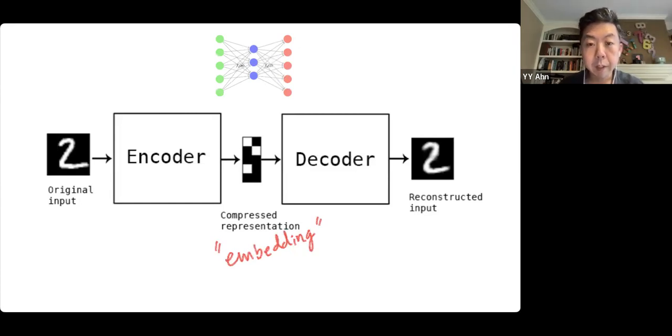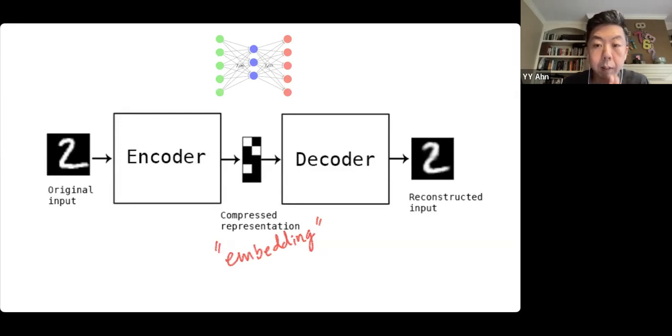Language models, transformers, and generative models like DALL-E and Midjourney also look like this. Most neural network models have some part of this architecture. And the embedding, the compressed representation, sits in the middle.